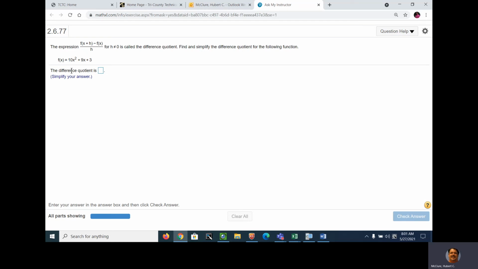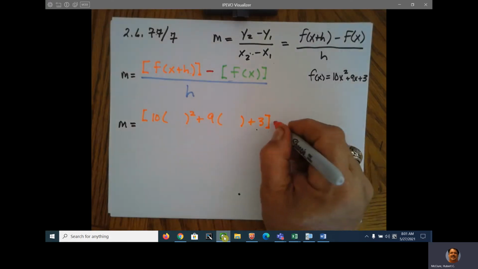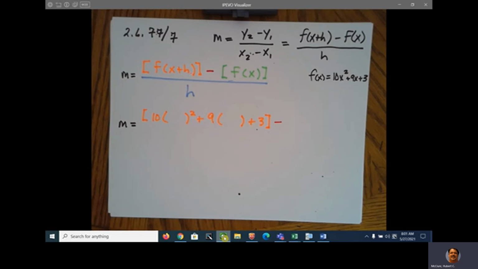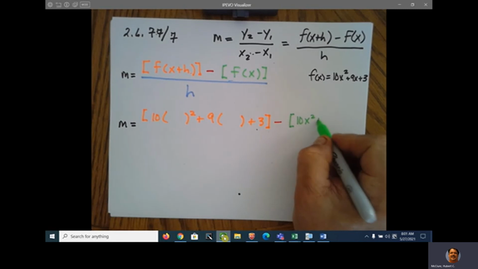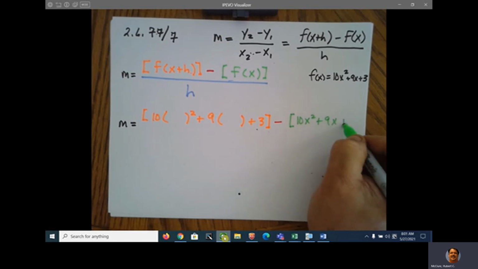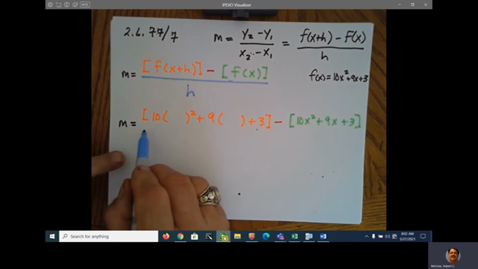Okay, my minus symbol is red because that's important. And then f of x is 10x squared plus 9x plus 3. And all that is over h.